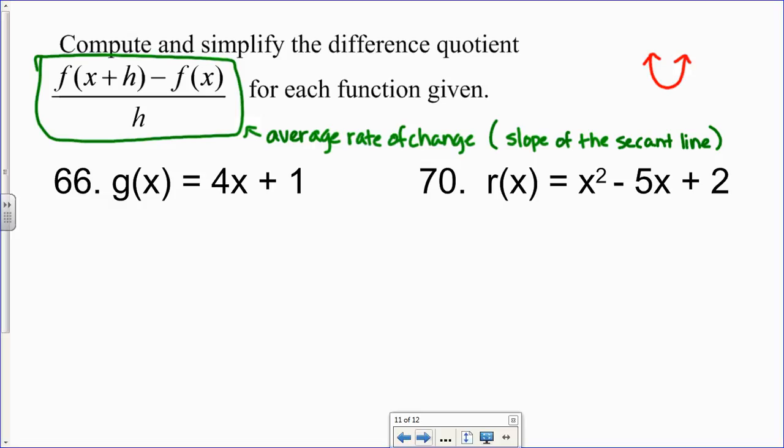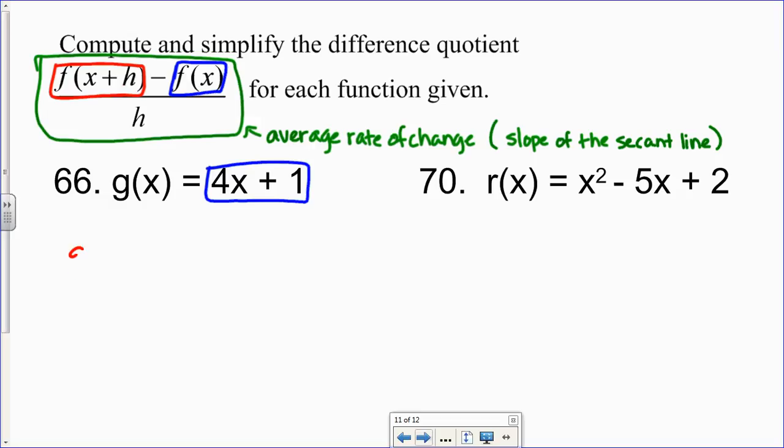Okay. So I'm going to plug in f of x, which is my given function. This part goes here where the split box is. I have to calculate or evaluate f of x plus h. So I have to plug in x plus h into my function, and that goes here in this red box.